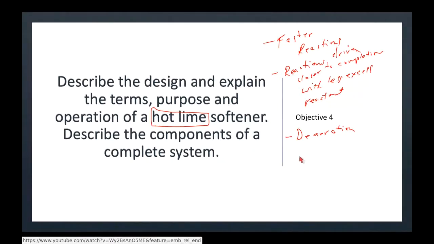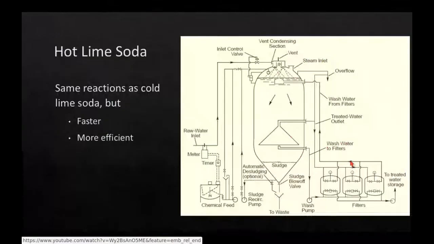Also, because this thing is operating at a very high temperature, it deaerates, and it also removes silica. Actually, better to say it reduces silica, and we know we don't want silica in there. So let's take a look at this thing.